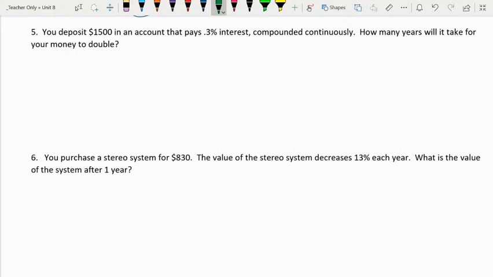You deposit $1,500 in an account that pays 0.3% interest, compounded continuously. That's the giveaway. How many years will it take for your money to double? Compounded continuously means we're using A equals P e to the rt. I deposit 1,500, so P is 1,500.